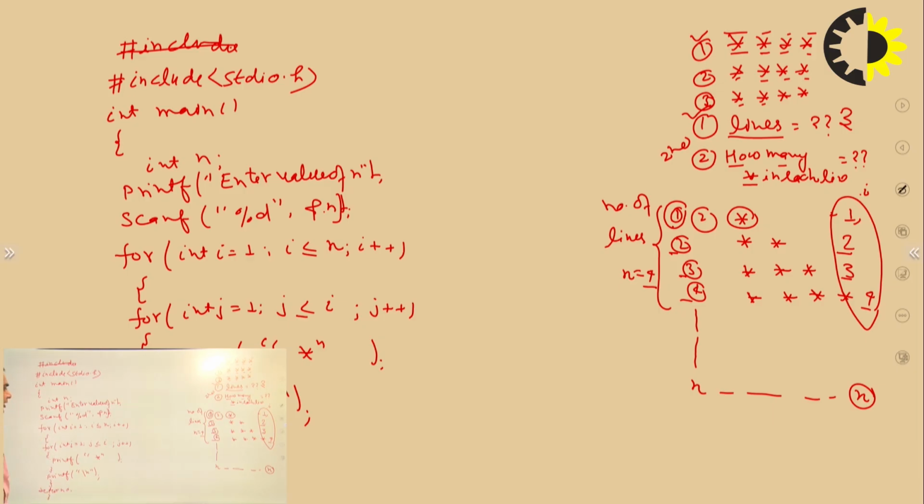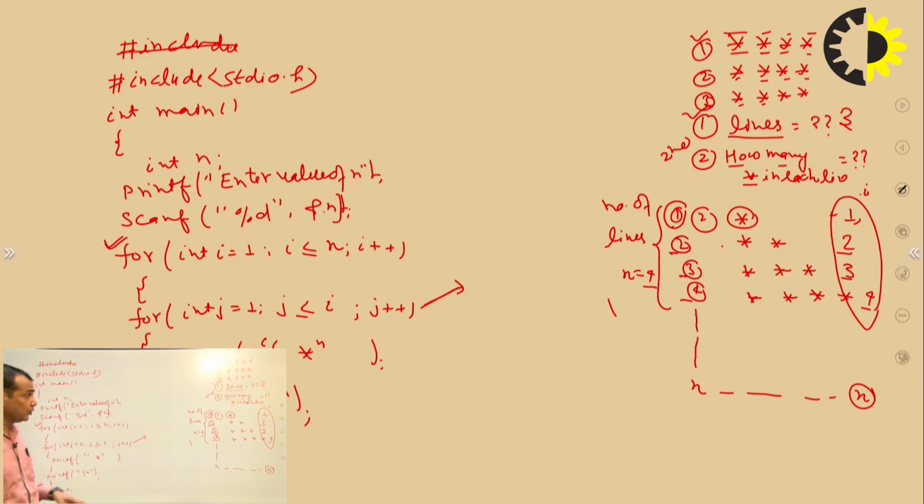So this is the pattern, means we have to find out how many times we have to execute the j loop. So j depends on the value of i. We have to focus on how many times we have to print j. First we count the number of lines, so we execute the for loop for how many lines we have to print.